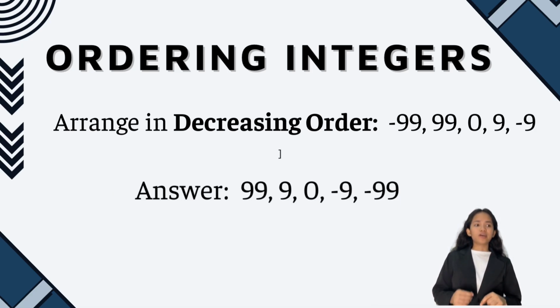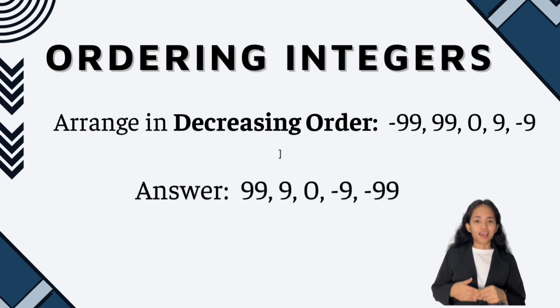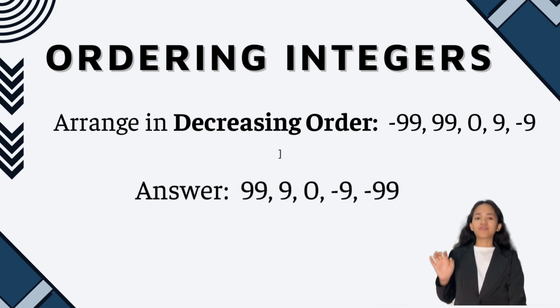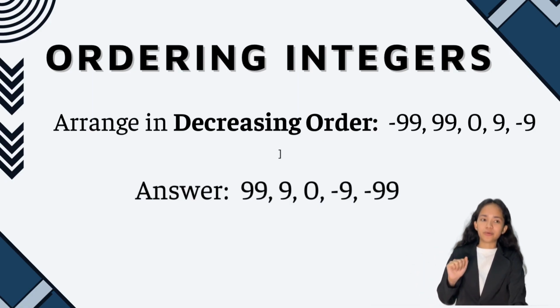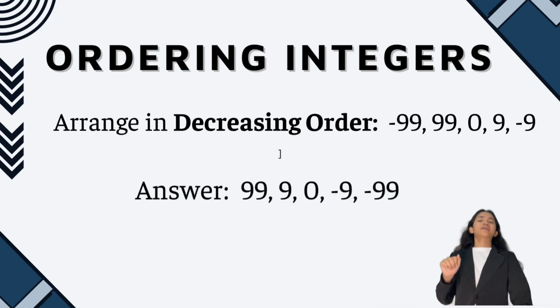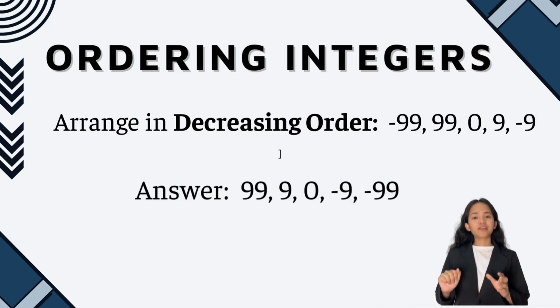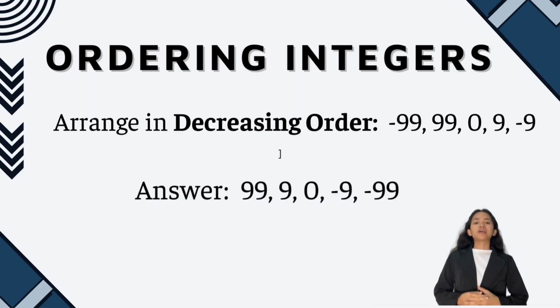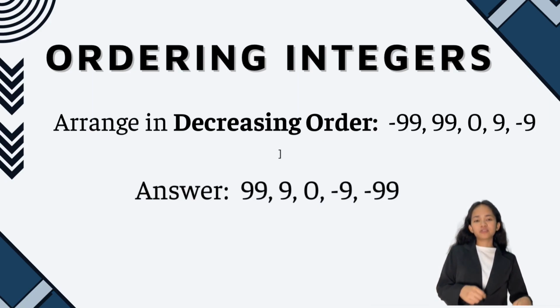Yes, the largest among them is positive 99, followed by positive 9, and then 0. What comes after the 0? Correct, negative 9, and of course negative 99. So, are ascending order and descending order very clear to you, class?